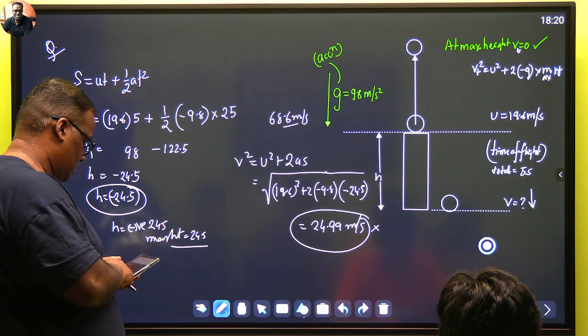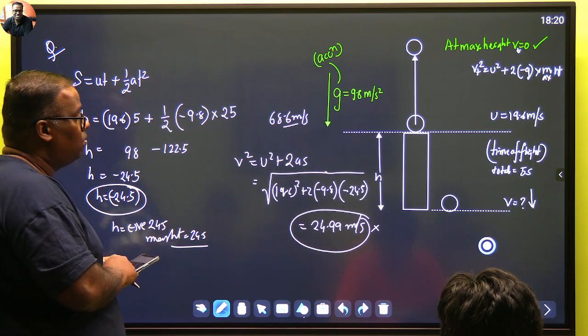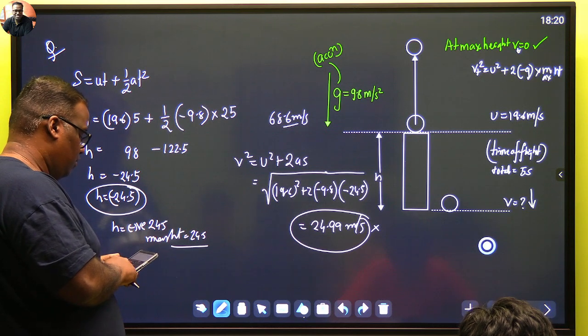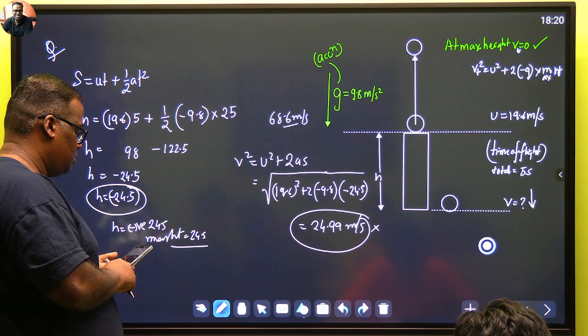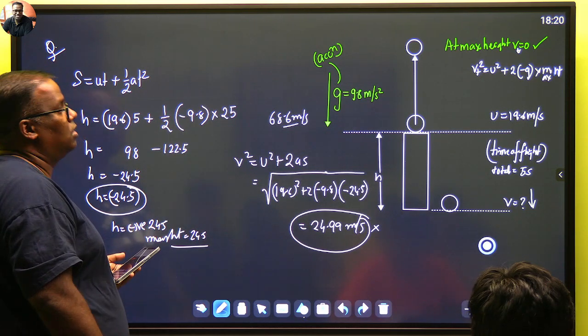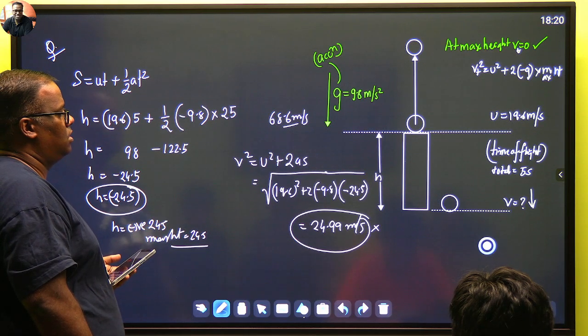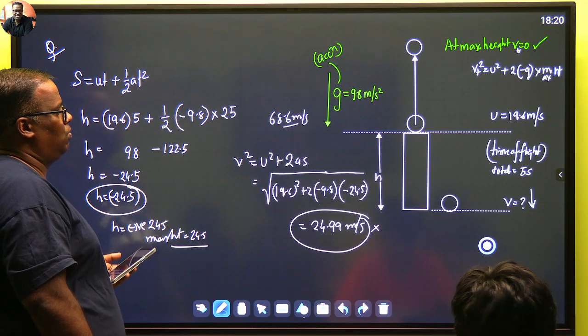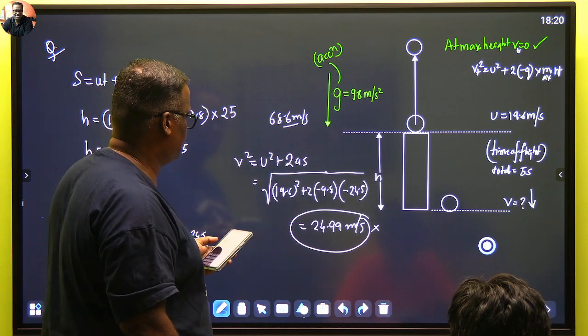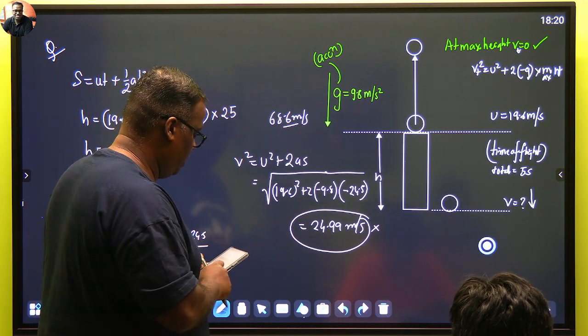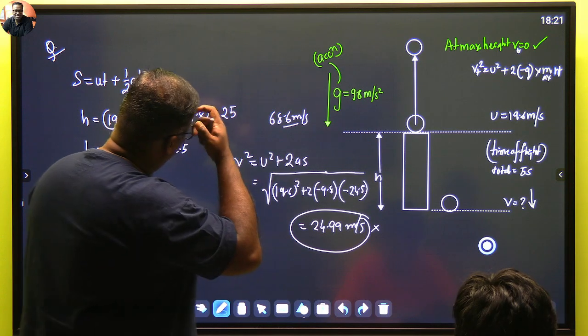Into 8 into 4.5, 864, 666, 6. This is v square equal to u square plus 2as. क्या गलती हो गया है? मुझे गलती हुआ है.